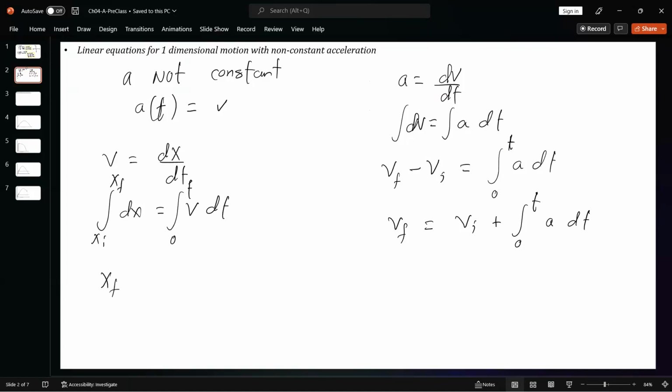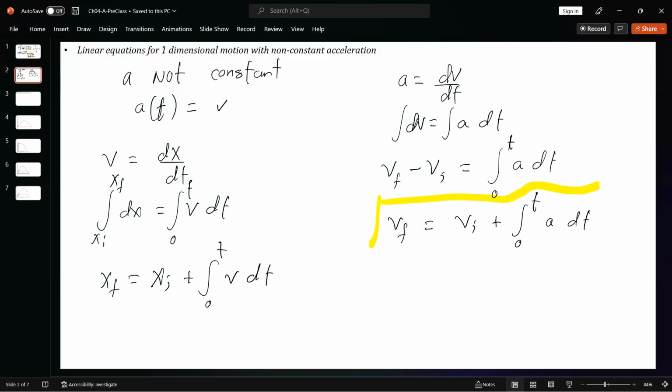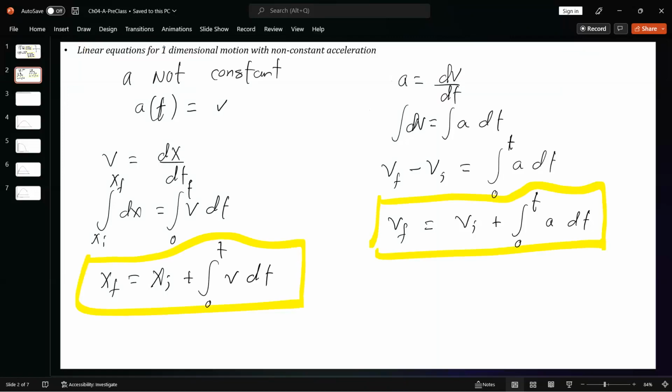Then x final is equal to x initial plus the integral from 0 to t of v dt. Okay, as you advance slowly into your calculus classes, particularly Calculus 1, maybe the second half, you learn all of these integrals, and then you should be able to handle situations where the acceleration is not constant.